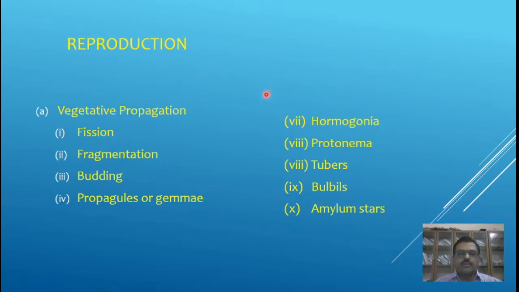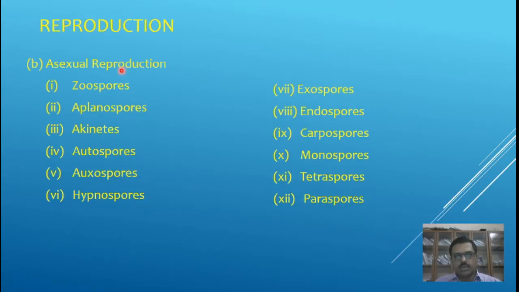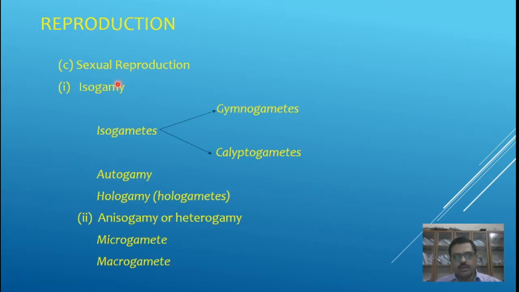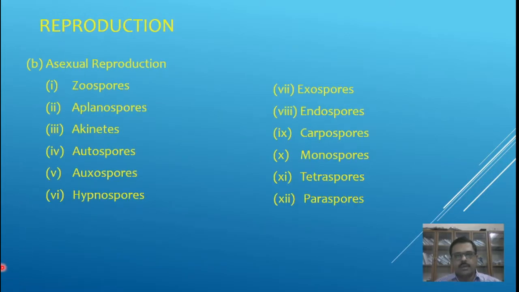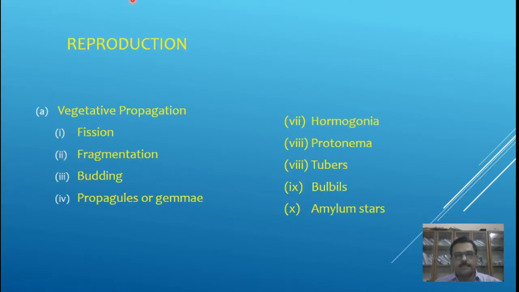In algae we find all three forms of reproduction: vegetative reproduction, asexual reproduction, and also sexual reproduction. And again, in these different types of reproduction, we find various mechanisms that are used.